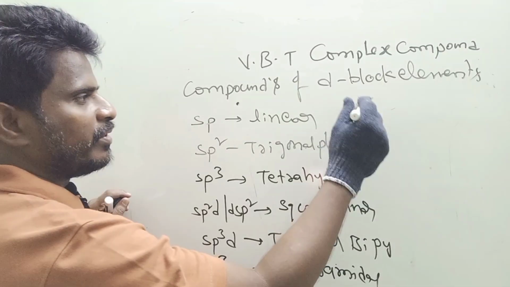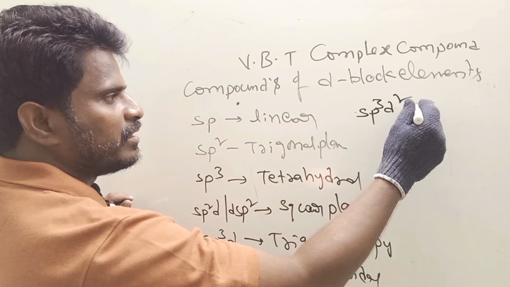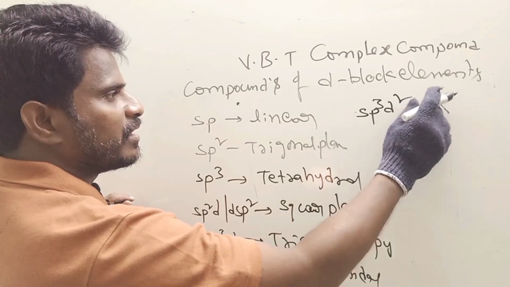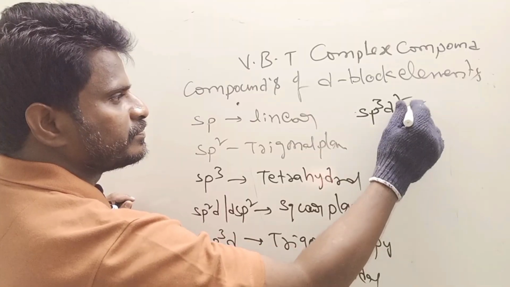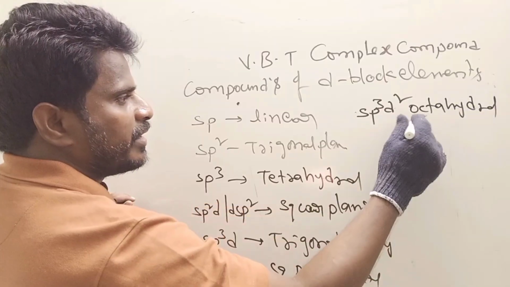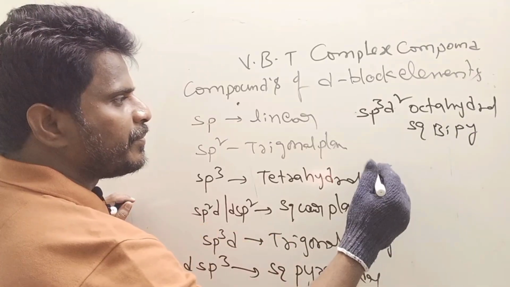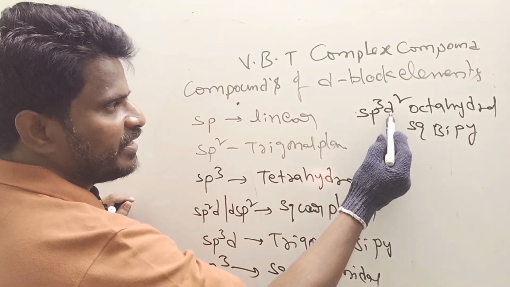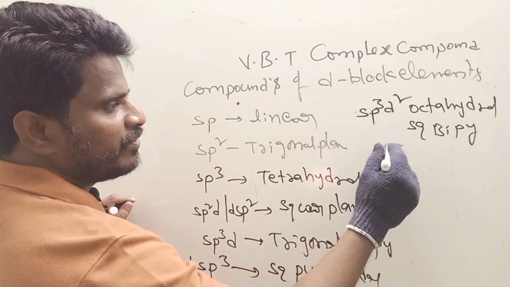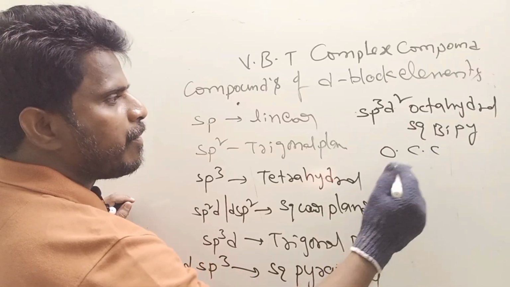If the compound is in sp3d2 hybridization, it is octahedral geometry. If the d orbitals used are in the outermost shell, that is outer octahedral geometry.